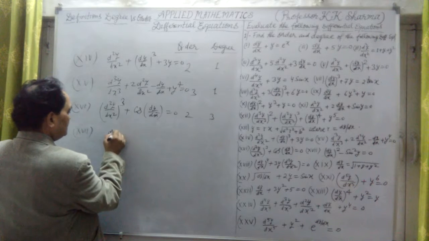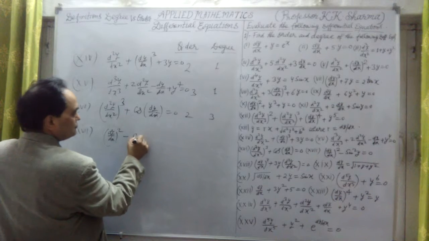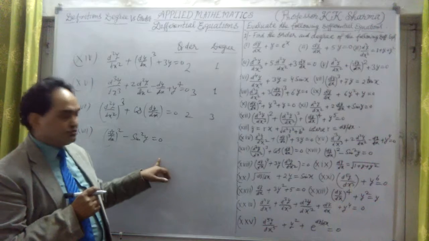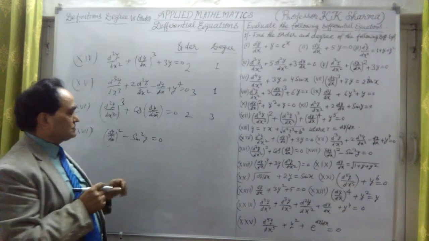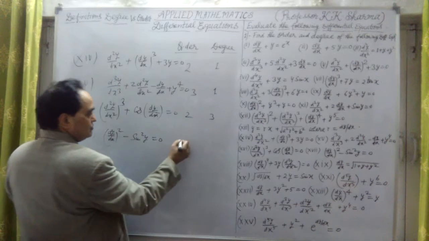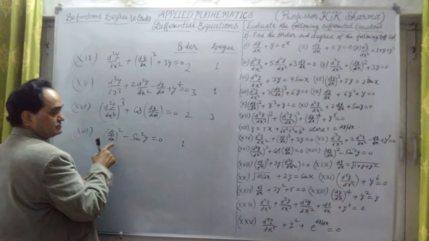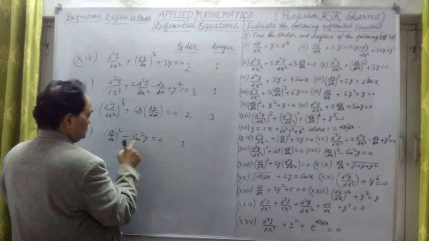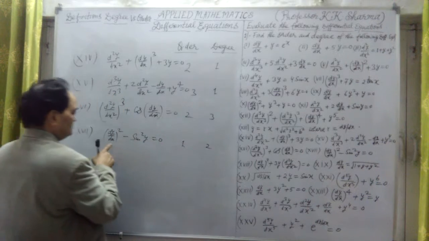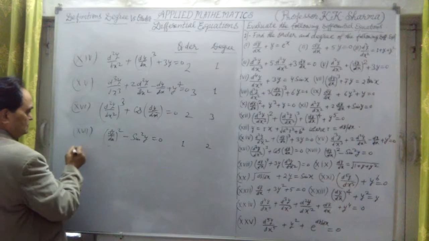This is (dy/dx) whole square minus sin square y equal to 0. In this case, what is the order here? Order is 1, because this is dy/dx only, a first order derivative. This derivative is of first order, so order is 1, degree is 2, because this is repeated twice.